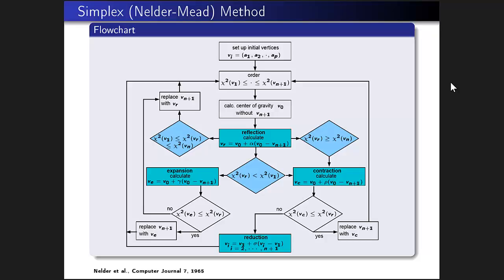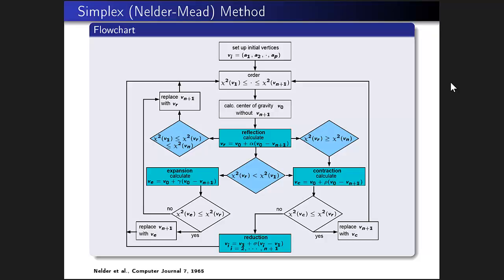So let's say we're looking for 2 parameters. Then the simplex is a triangle. If you were looking for 3, it would be a tetrahedron, is that right? With triangular faces.